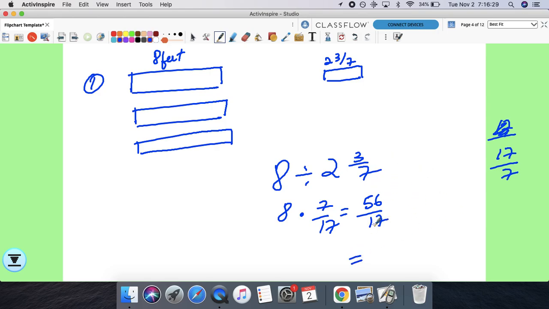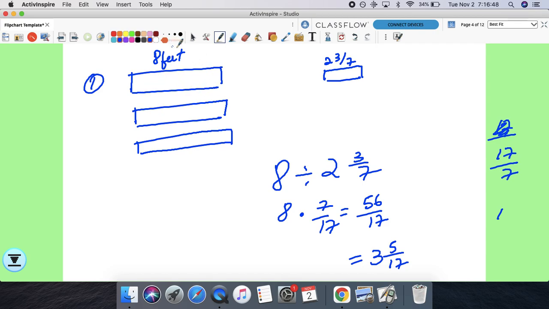So how many boards can I cut? Well, 17 times 3 is 51. So 3 and 5 over 17. I can cut 3 pieces with an 8 feet board.